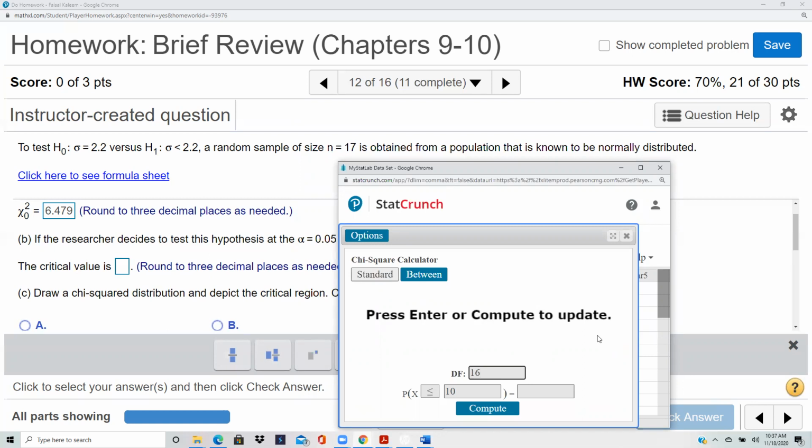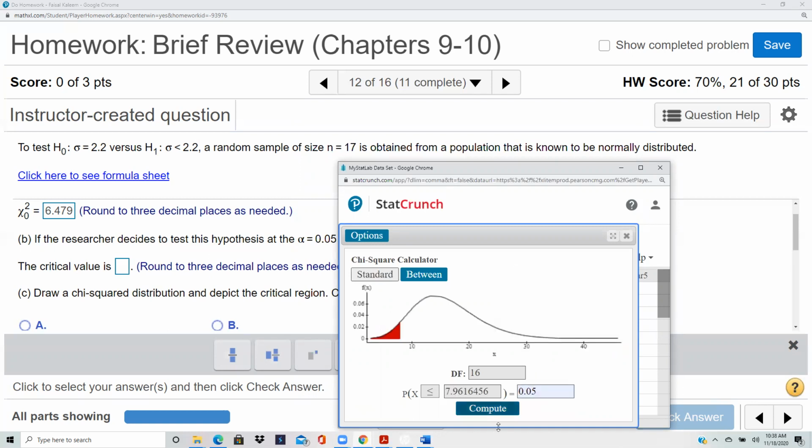And then the alpha value will go over here. Okay, so 7.962.